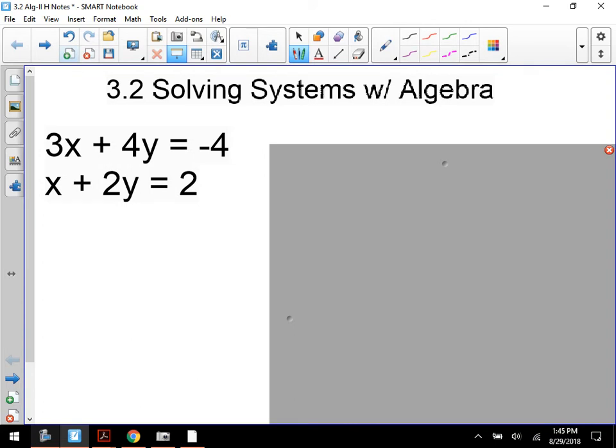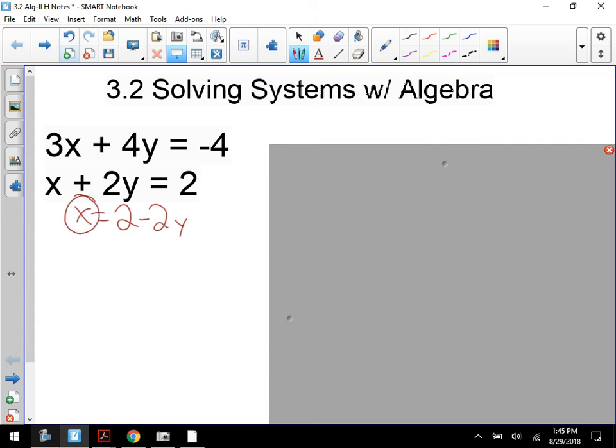So I can say that x is 2 minus 2y. I put the -2y after the 2 and write it like that. If you do it this way when you're subtracting, you'll be less likely to forget that it's negative. So it's the top tip.